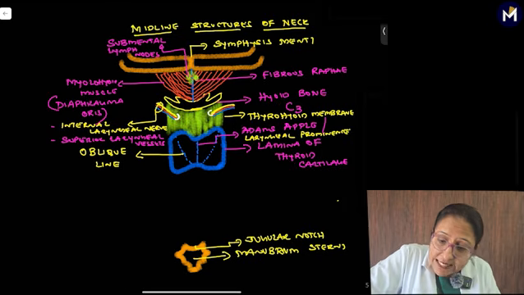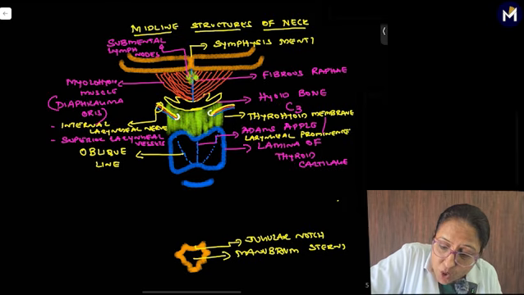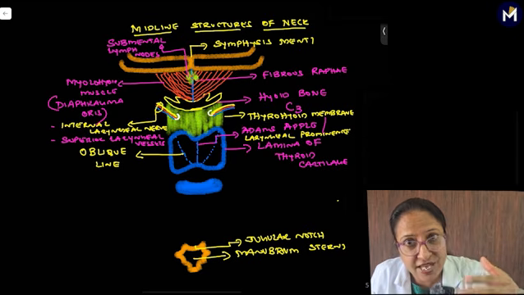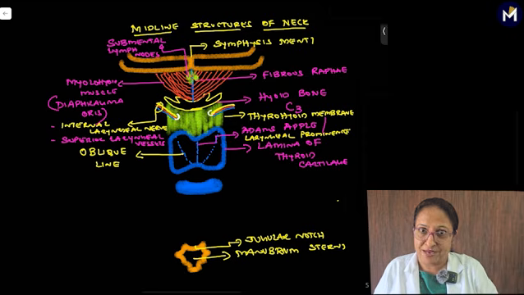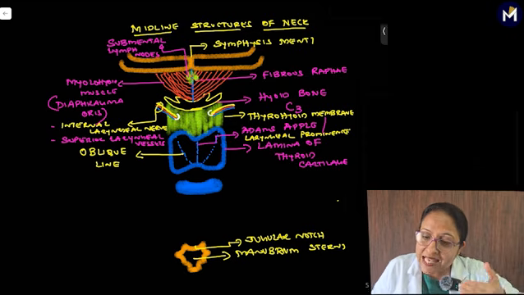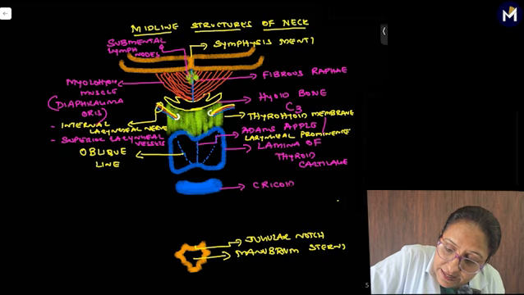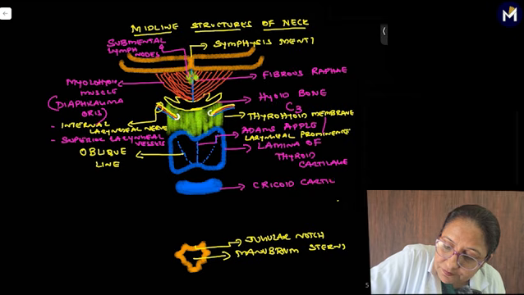So the next cartilage that we are able to observe here is cricoid cartilage. This is the level where larynx continues as trachea, pharynx continues as esophagus. So we label this cartilage as cricoid cartilage.